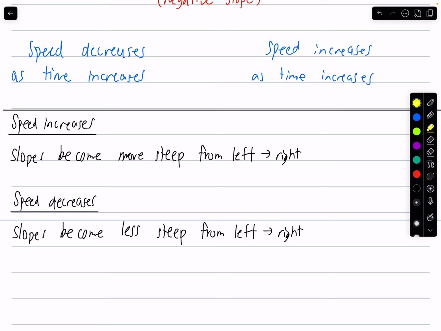So notice the key words. When speed is increasing, you become more steep. When speed is decreasing, you become less steep. It looks like it says move, but it says more.